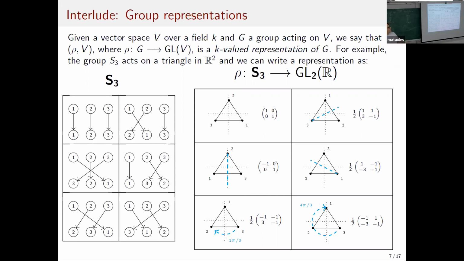Then if you take a basis of this vector space and you move it by one element of the group, then you get a matrix. So you just send one basis into another basis, right? You get an invertible matrix. So basically, a representation is just a homomorphism that goes from the group into the matrices, and this is the way the representation is built. It's just sending one basis into another basis.